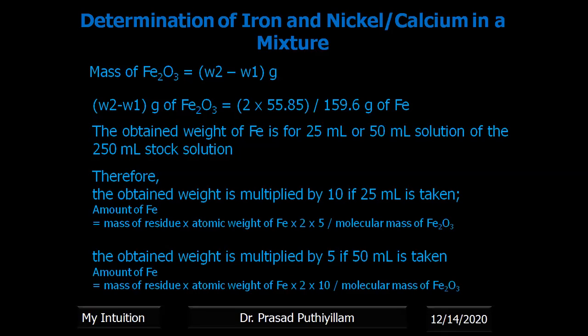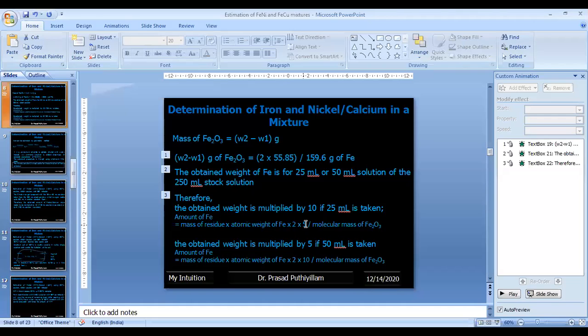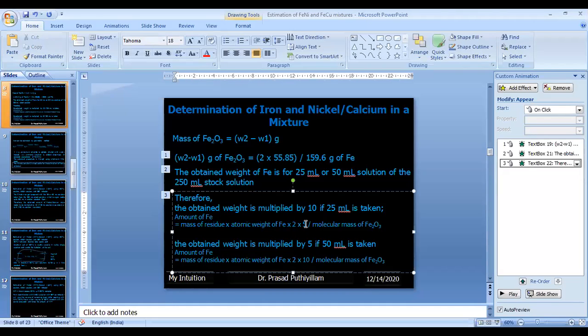Here again it is the reverse case. So it is multiplied by 10 if the volume taken is 25 ml, and multiplied by 5 if the volume of sample taken is 50 ml.